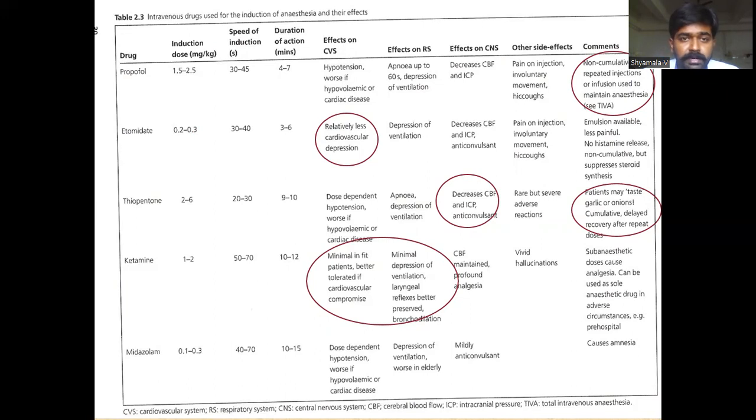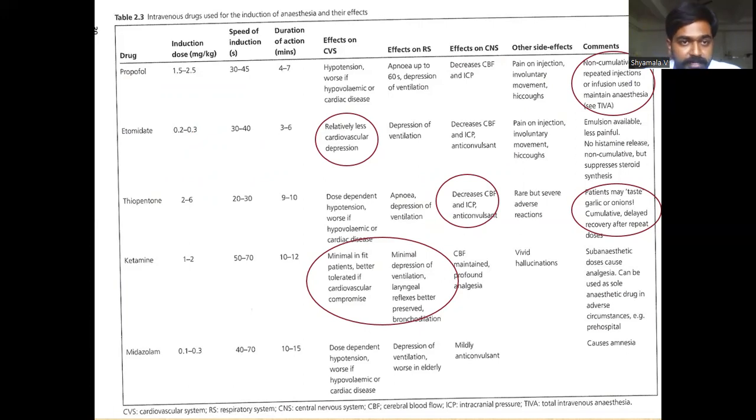Ketamine has minimal effect on patients with depression, but one of its main common side effects is hallucination. Most patients will experience hallucinations, which the patient will not know about, but we will see the patient experiencing them.